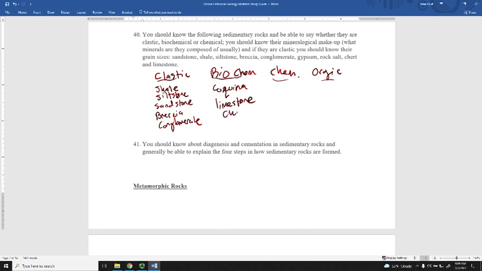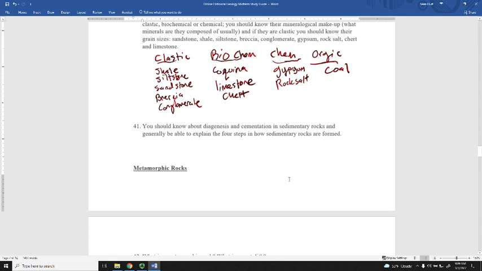Also, chert is under here too. Okay, for chemical rocks, we have gypsum and rock salt. Those are things that are precipitated out of water, just inorganically. That means not by life. They're just precipitates. Under organic, we have coal. Okay, so those are the ones that you should know for this class.